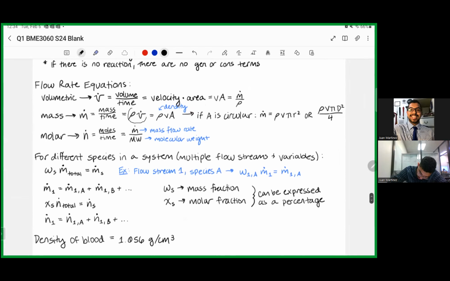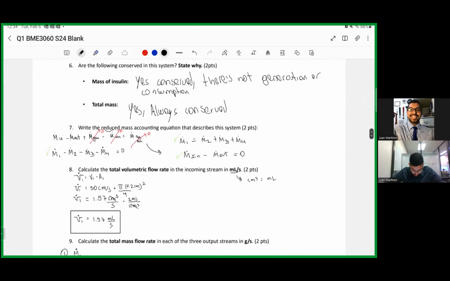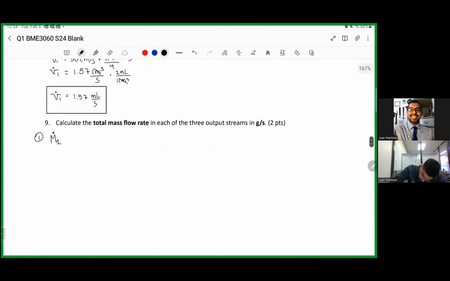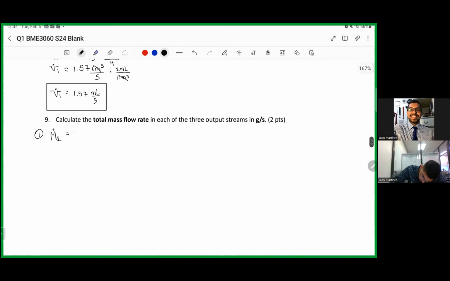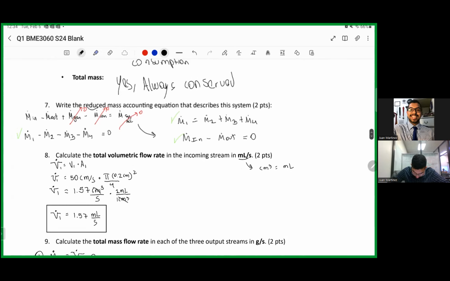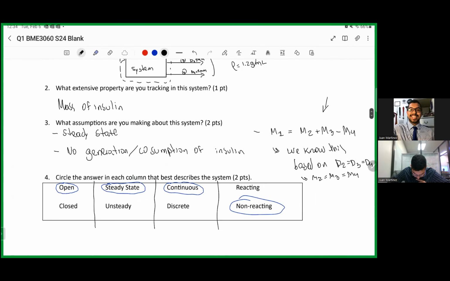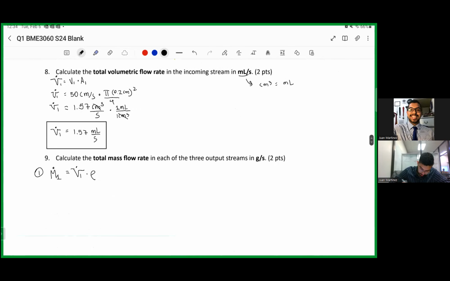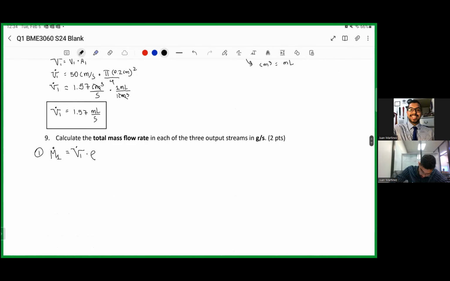I'm pretty sure we have the density, so with the density times the volumetric flow rate, we can calculate the mass flow rate. So we only need the density, and it's right here. Mass flow rate 1 is going to be equal to the volumetric flow rate 1 times the density. I'm pretty sure it's 1.2 something. Yeah, 1.2 grams over milliliter. Great, so we just work that out.